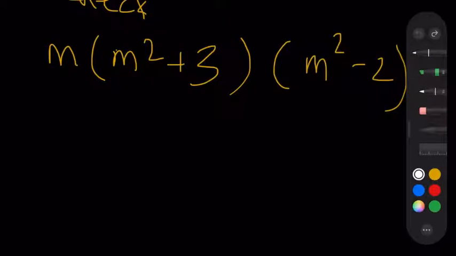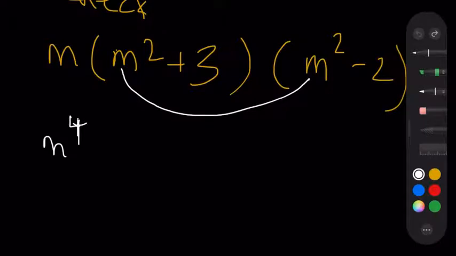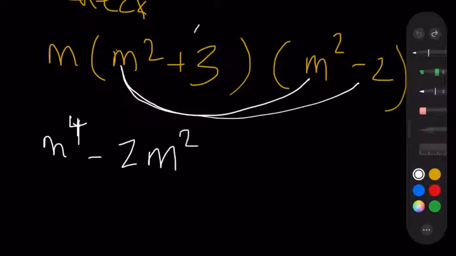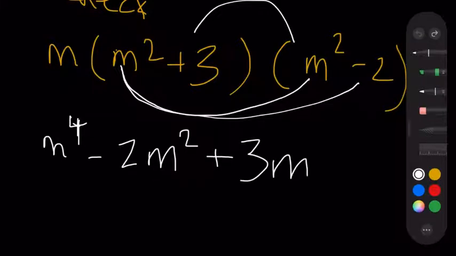First of all, you will multiply the first with the first, so we will have m to the power of 4. The first with the second, minus 2m to the power of 2. The second with the first, plus 3m to the power of 2, and the last with the last, which is minus 6.